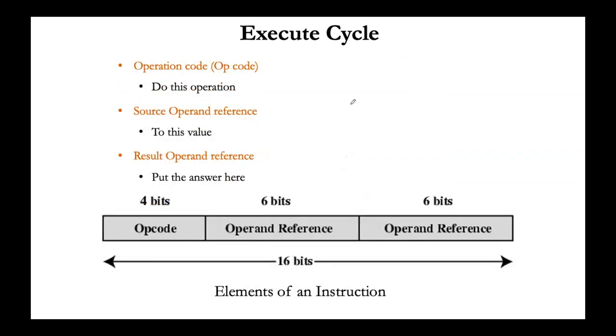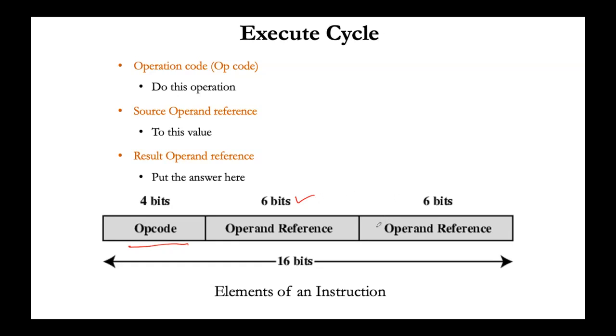So let us see what exactly happens in this execution cycle. Take a 16-bit instruction with a predefined rule: the first 4 bits are used for the opcode, the second 6 bits are used for operand 1, and the third 6 bits are used for operand 2.